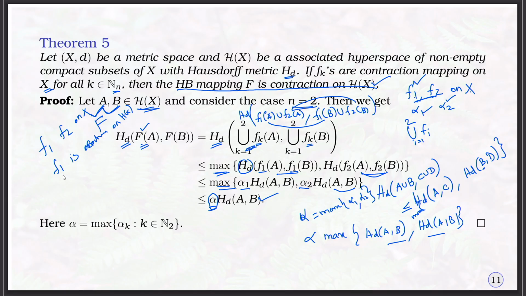Whereas now we proved that if we take the union of these two elements, that is also a contraction in H of x. Now, we proved this case for n equal to 2.